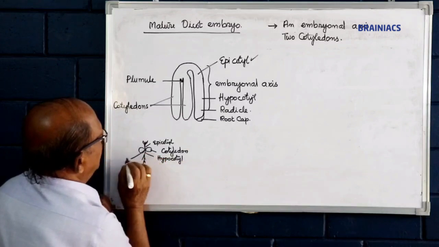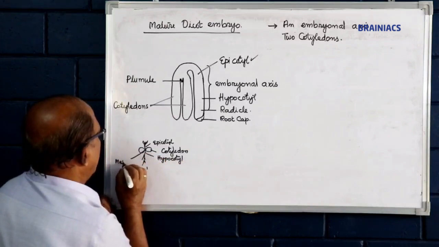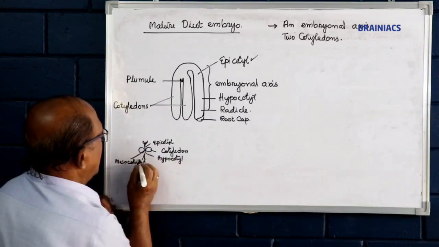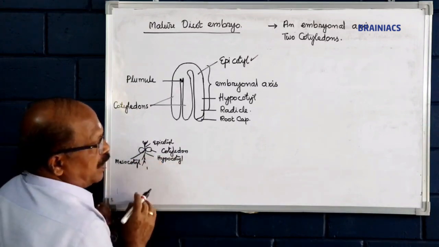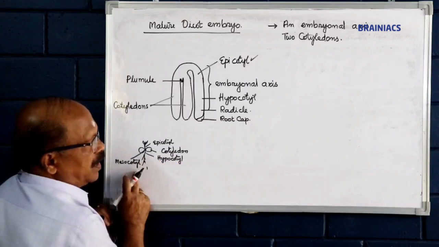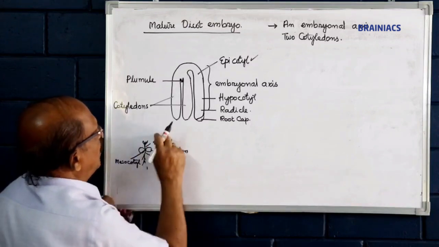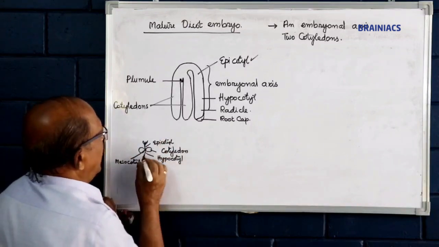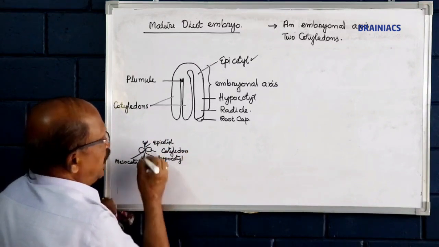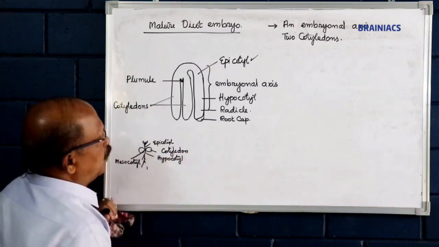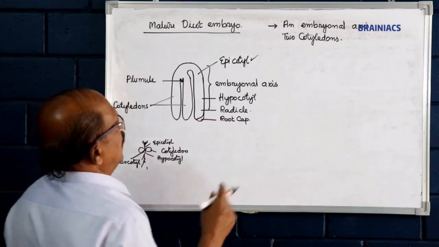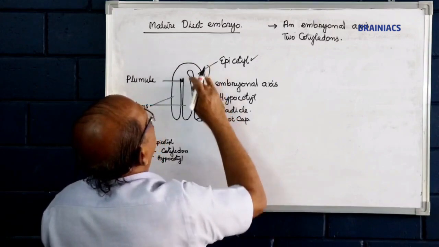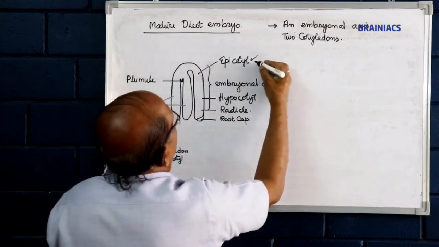And the middle part is mesocotyl. The point of attachment of cotyledon to the mesocotyl, above it is epicotyl, below it is hypocotyl. And the hypocotyl develops to form the root or radicle and root system that you can see later.